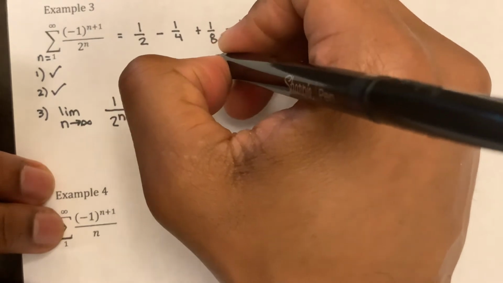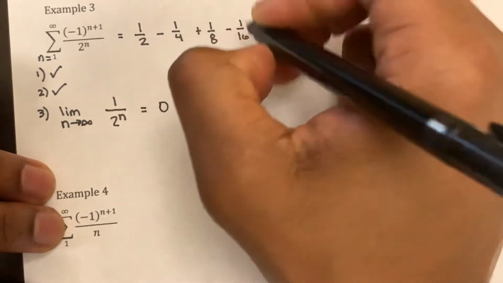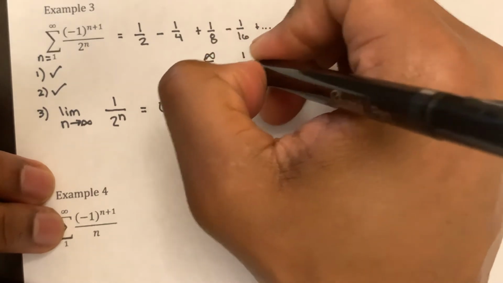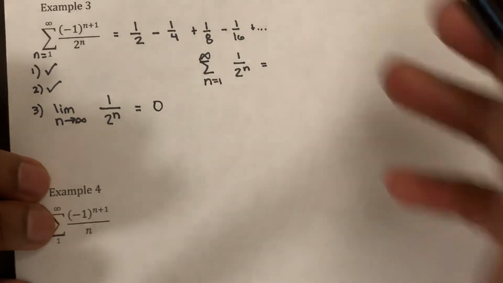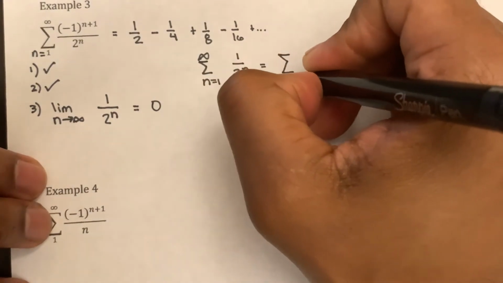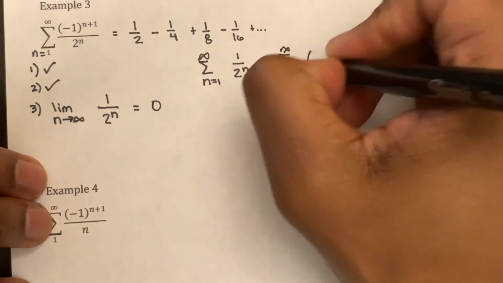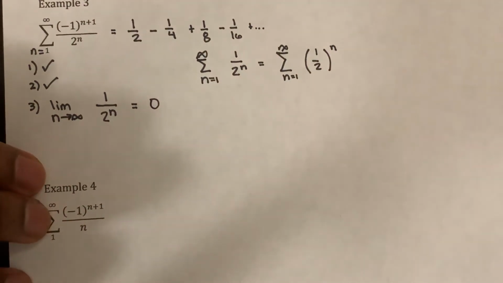So for absolute convergence, we need to look at the series from n equals 1 to infinity of just 1 over 2^n. Now remember, this can be rewritten as the series from n equals 1 to infinity of (1/2)^n.